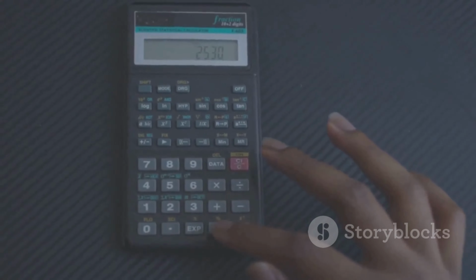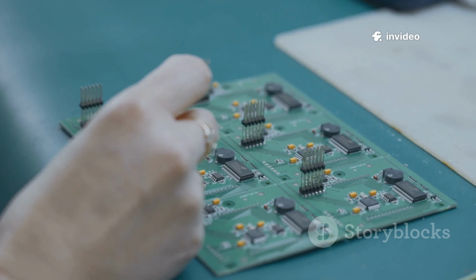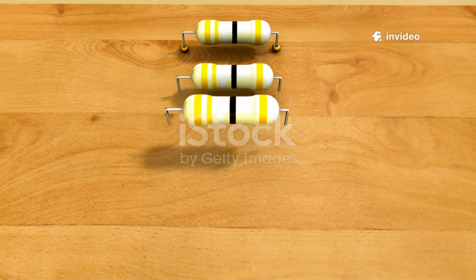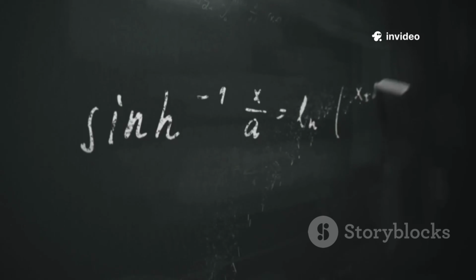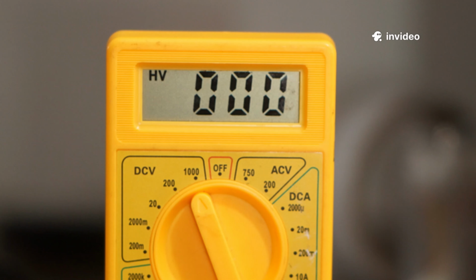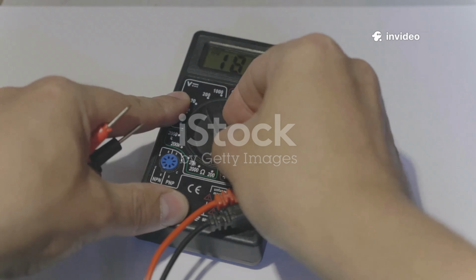This simple setup makes calculating total resistance straightforward. Here's the easy part. To find total resistance in a series circuit, just add up all the resistors. The formula is R_total = R1 + R2 + R3 + and so on. The more resistors you add, the higher the total resistance, and the lower the current for a given voltage.